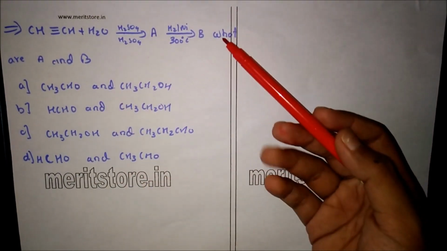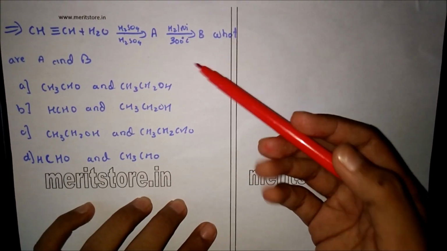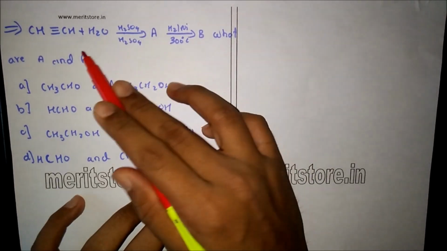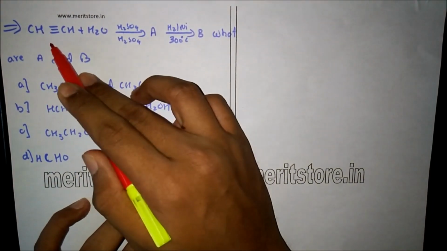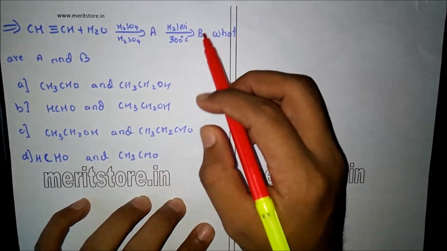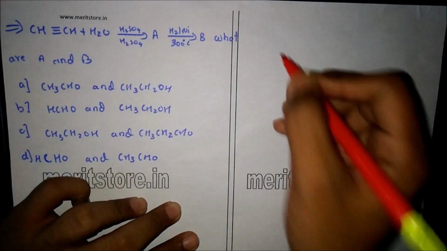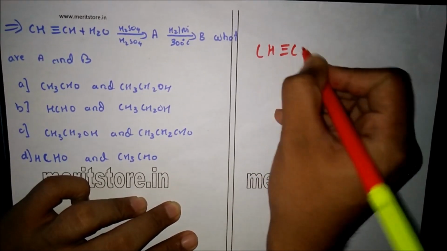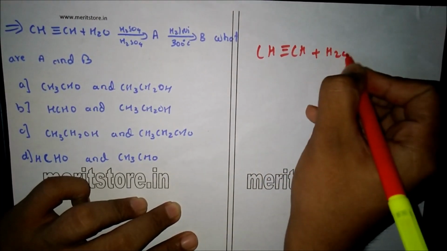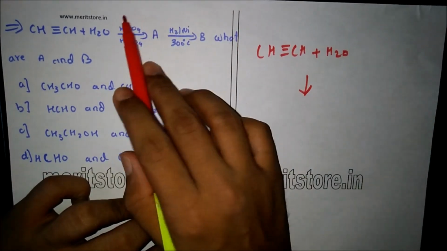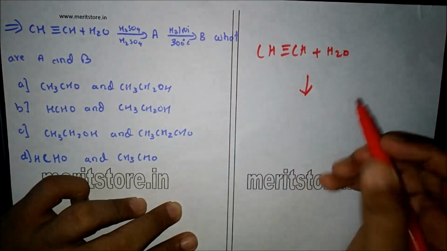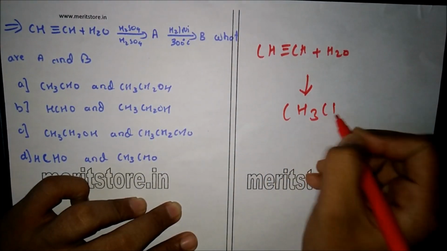Here is a given reaction, and we need to find out the products after the hydrolysis of this, that is A and B. Therefore let's look at the reaction now. CH triple bond CH plus H2O in the presence of H2SO4 and HgSO4 will give CH3CHO.